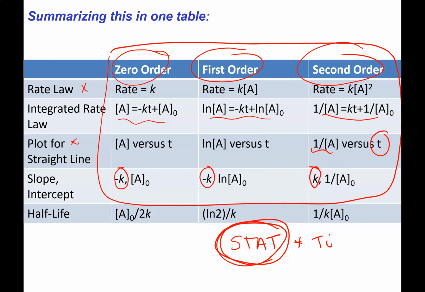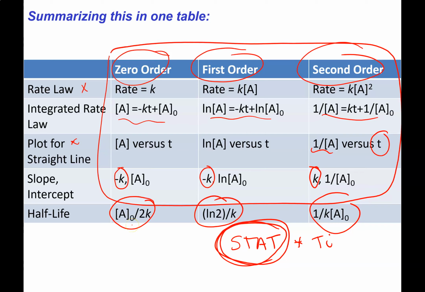Now, for each of these forms of reaction, zero order, first order, and second order, there is a corresponding half-life expression. Sometimes this can also be helpful in figuring out the order of a reaction, because the half-life for a first order reaction is not dependent on the concentration and doesn't change as the reaction progresses.